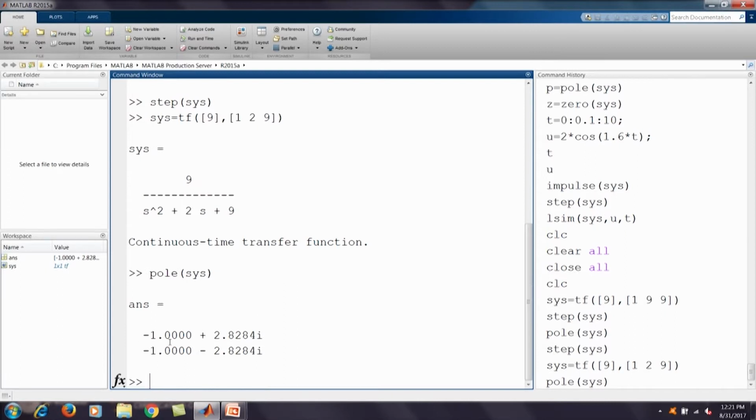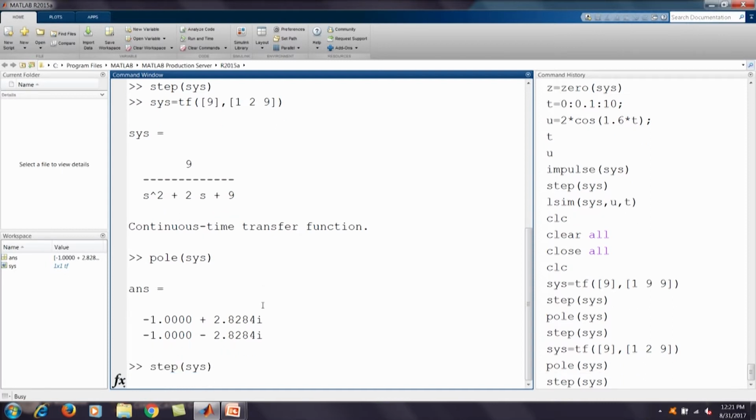Here we can see that these are a complex pair of poles: minus 1 plus 2.8i and minus 1 minus 2.8i. If we have complex poles, then we can find the system response against step(sys).